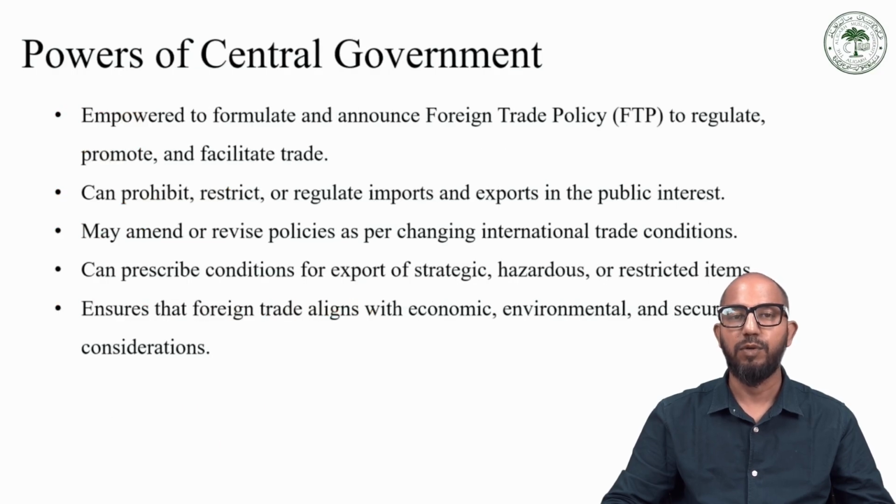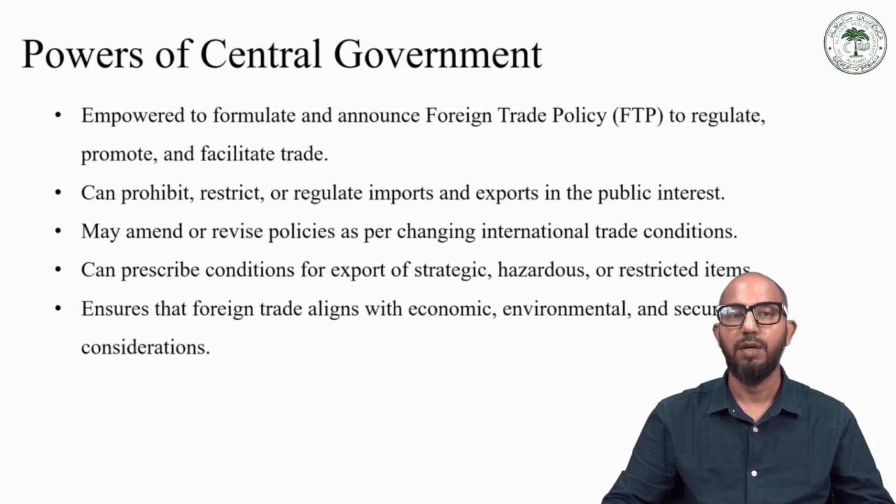Let us now try to understand the powers of the central government under this Act. The central government is empowered to formulate and announce foreign trade policy to regulate, promote and facilitate trade. It can prohibit, restrict or regulate imports and exports in the public interest.